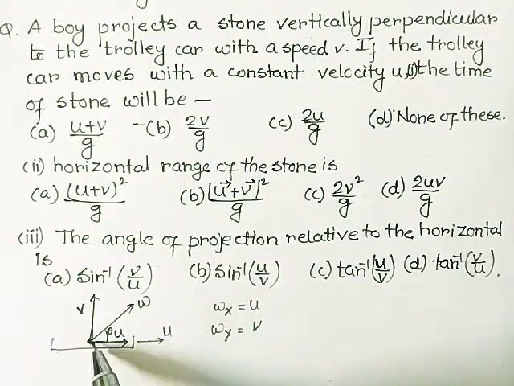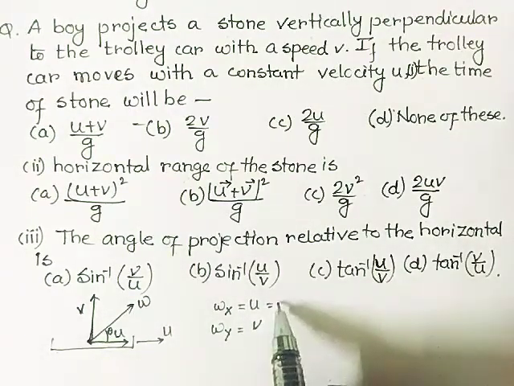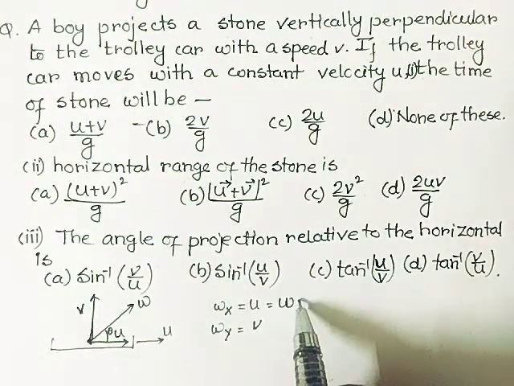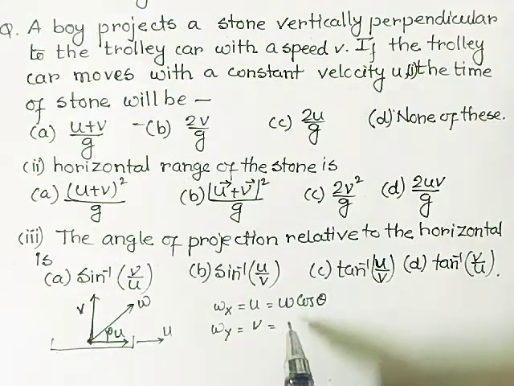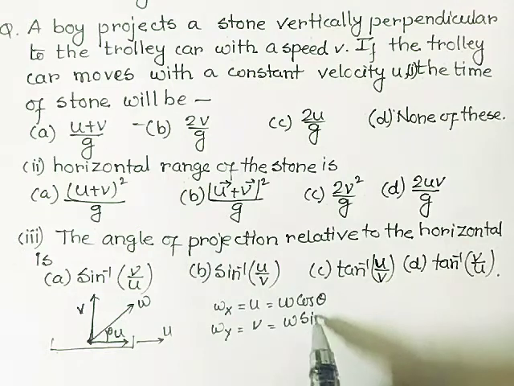So u and v act on it simultaneously, and due to the resultant, w originates. So wx equals u, which is also equal to w cos theta, and wy equals v, which is also equal to w sin theta.